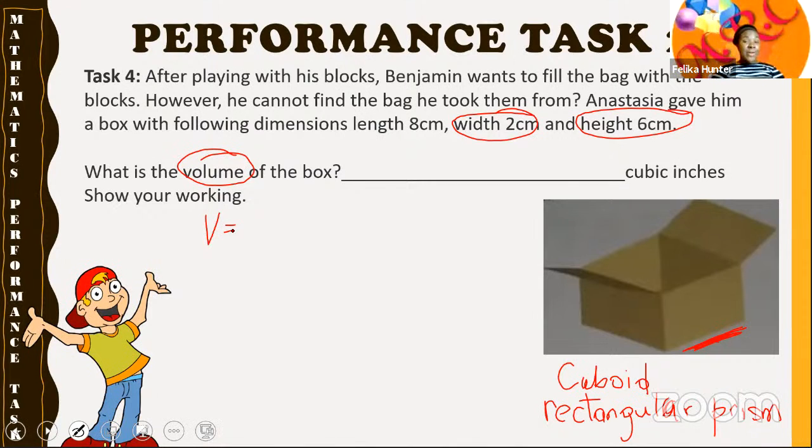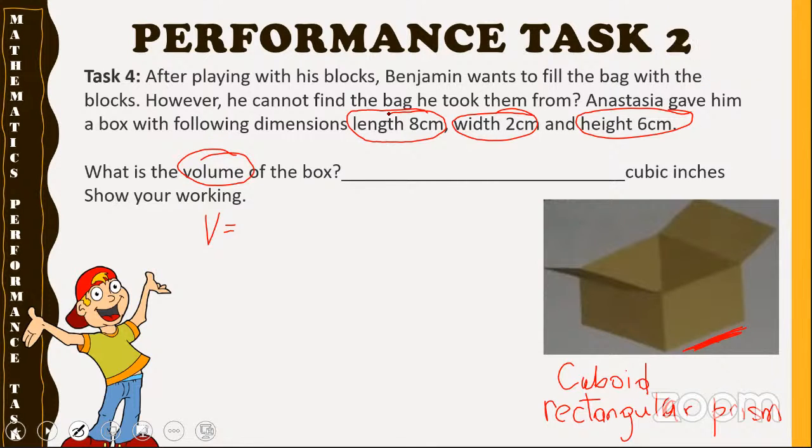What is the formula to find the volume of a cuboid? I want you to search through that brain. Remember seeing those formulas before? Go ahead and find that formula for finding the volume of a cuboid.